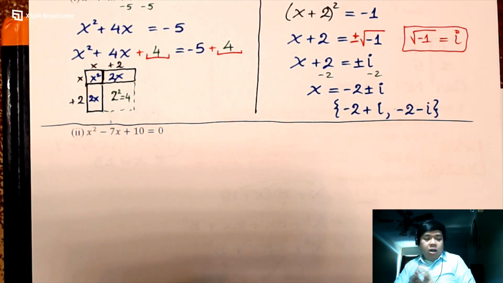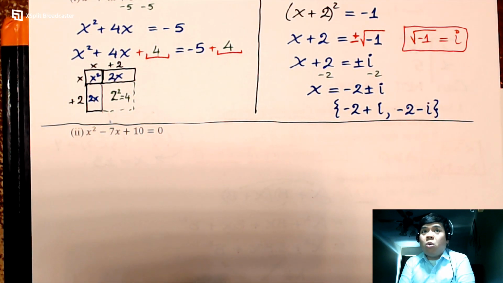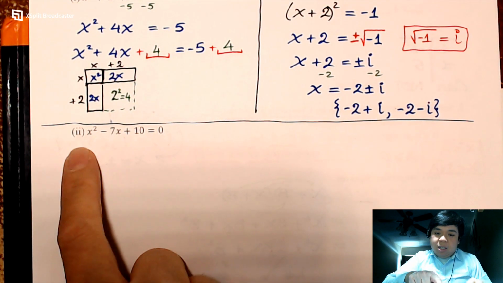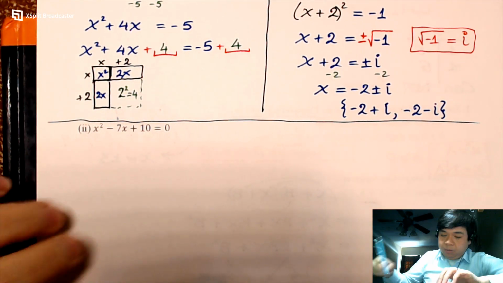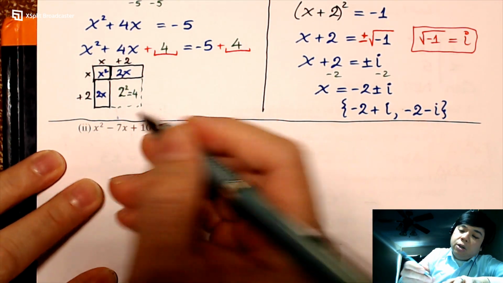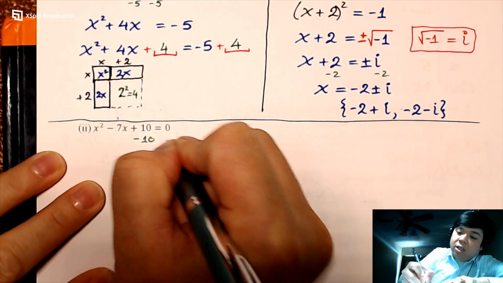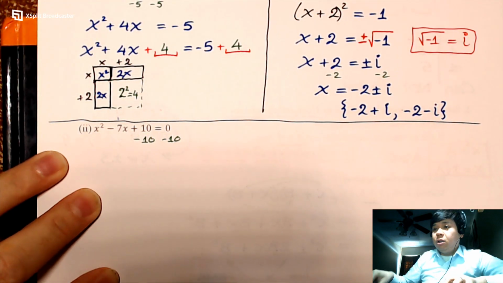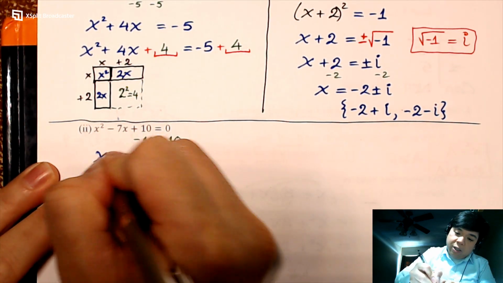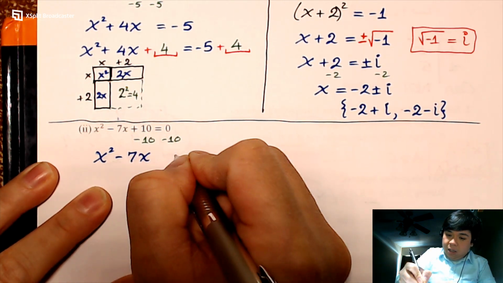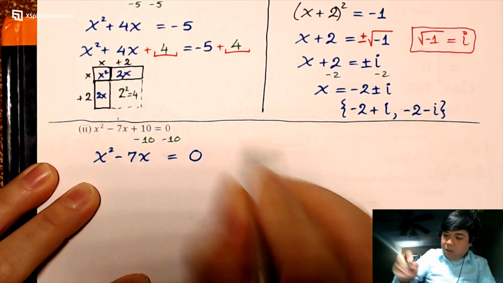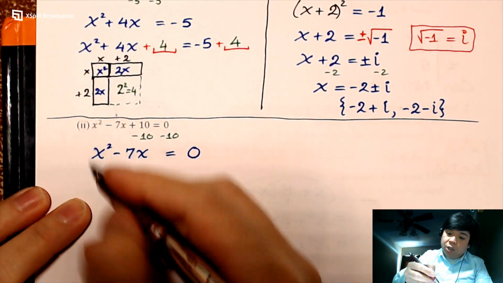Next, solving the equation by completing the square. Now this completed square, again we only need two terms, so minus 10 on both sides. That gives us x squared minus 7x equal to 10. We need to find something to add on both sides.